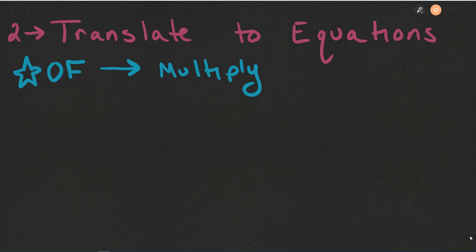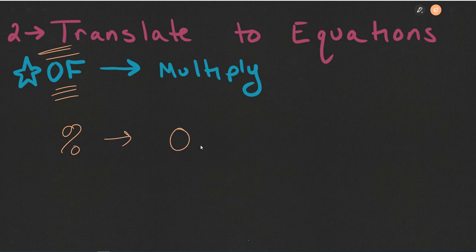Now there's 2 pieces that you want to know when you're translating an equation. When you're looking at the words for a percent problem, such as what percent of 12 is 89, or something of that nature, whenever you get to the word of, that means to multiply. And by the way, when you see the percent in that problem, it's often helpful to just change it to a decimal.